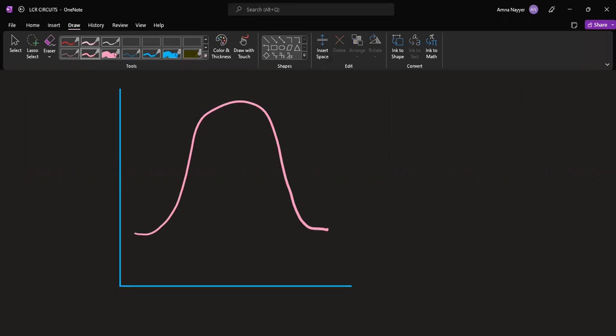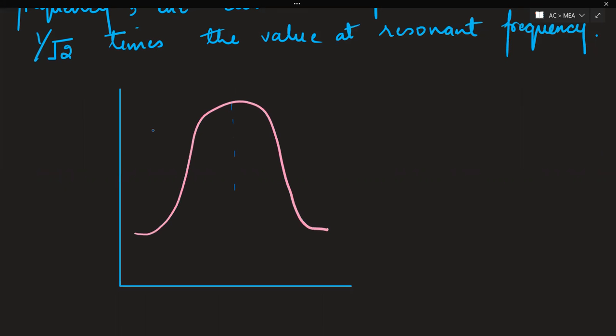Now, from the center, at the peak, there will be the resonant frequency. On either side of it, there will be values of normal frequency, not the resonant one, lesser than or more than resonant. So let's say this is omega 1, and this is omega 2. This is the current versus omega graph.